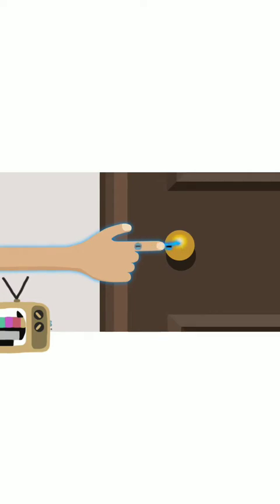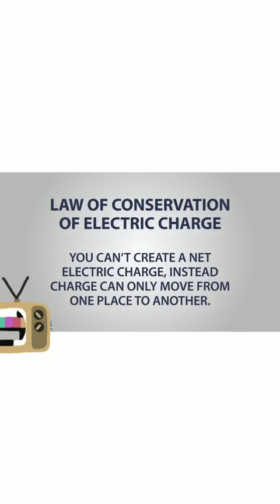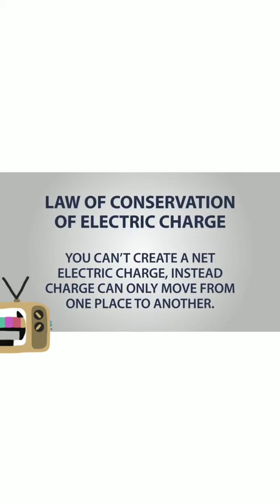And when you touch any conductor or object, the excess charge from your body is transferred to the door knob, and that neutralizes the charge. This way you have seen that charge has the property of conservation, and that is what we call the law of conservation, right?